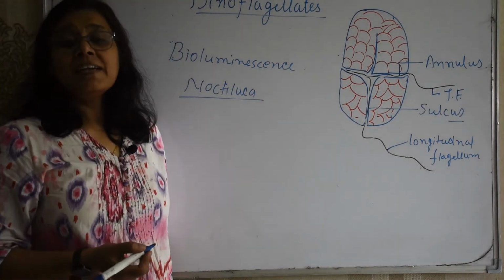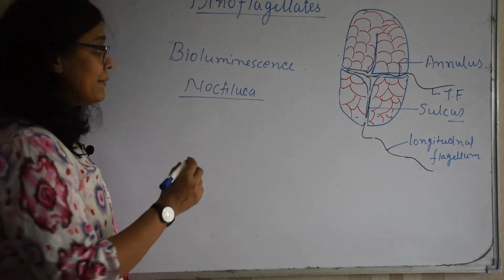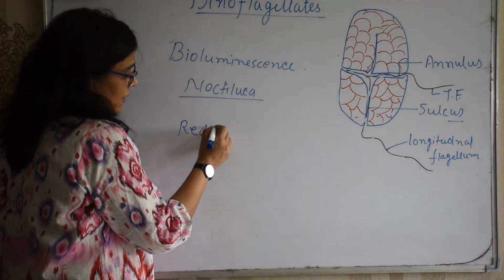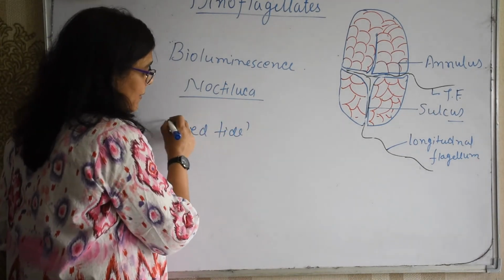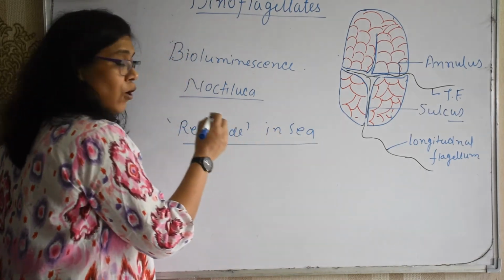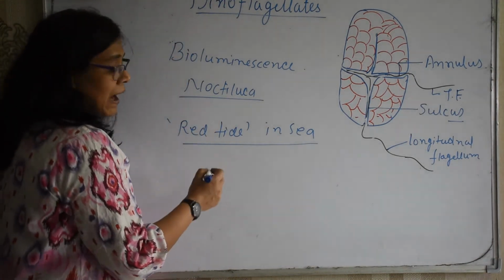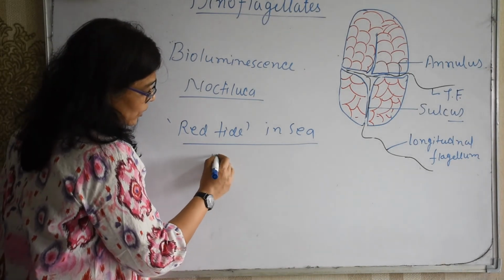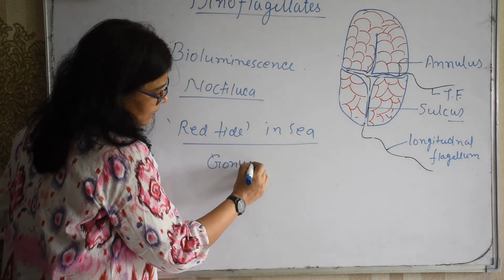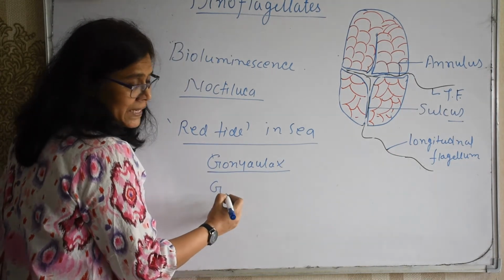Certain dinoflagellates proliferate in large numbers and cause red tide. Red tide where? In the sea. Examples of dinoflagellates which cause red tides are Gonyaulax and Gymnodinium.